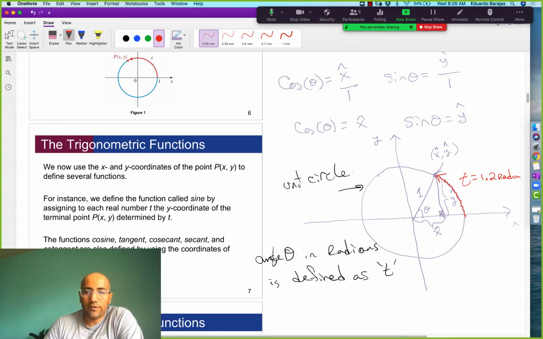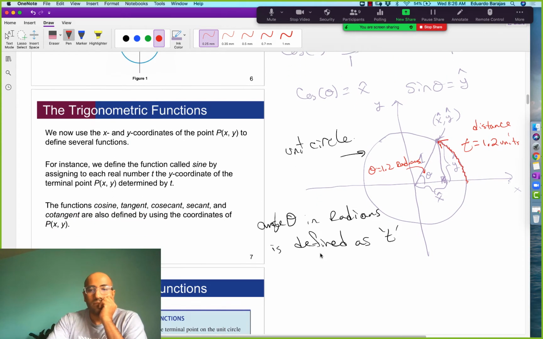This is a distance. If you go along this curvature a distance of 1.2 units, then by definition we define this angle, theta, to equal 1.2 radians. Any questions?